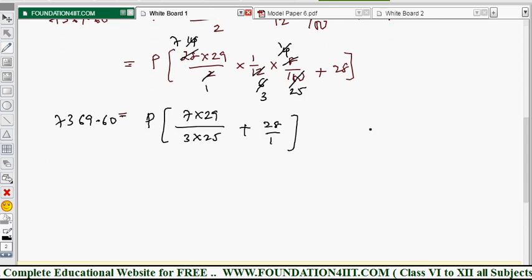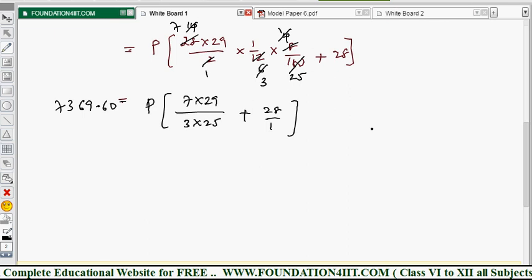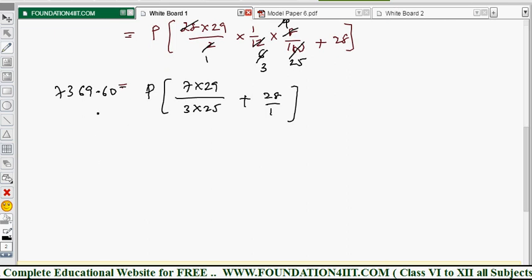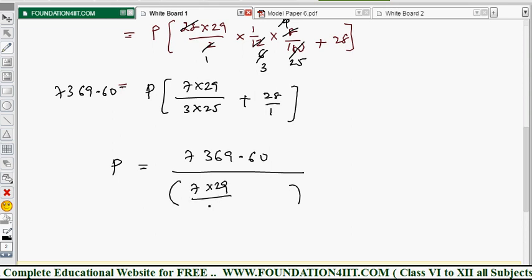So finally, if you want more simplification, P is equal to 7369.60 divided by this total value by taking LCM. That is 7 into 29 by 75, plus 28 by 1. Just do the simplification and finally calculate the value.